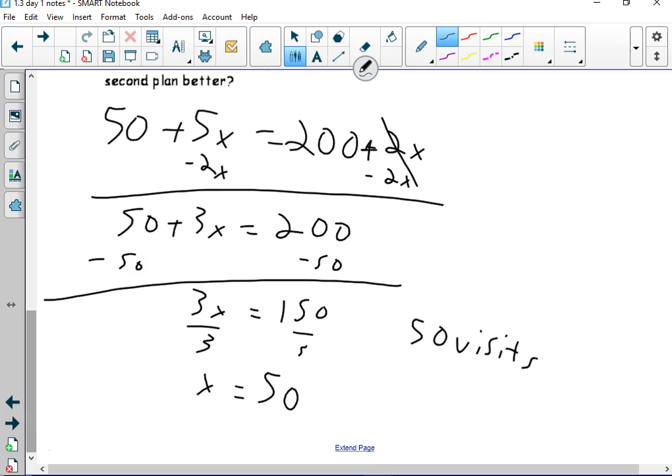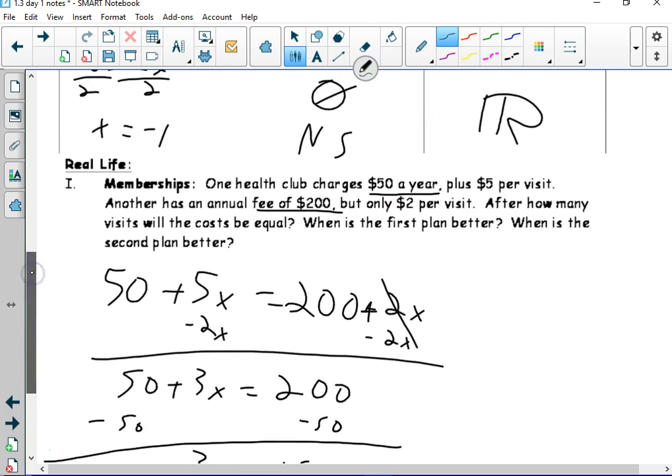Alright? So you have to go at least 50 times to make it not matter which place you go to. If you're going to go more than 50 times, or less than 50 times, what you need to do is plug your number into both of these and figure out which one's the better deal. Okay?